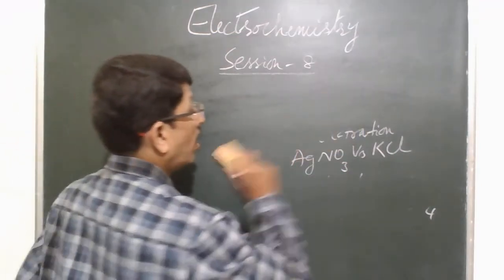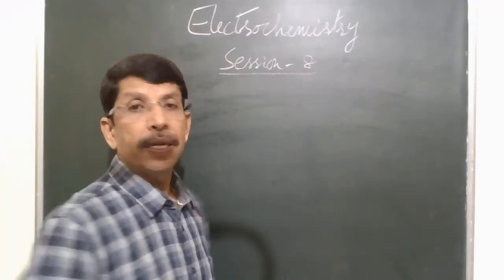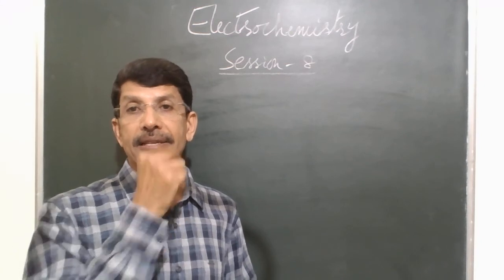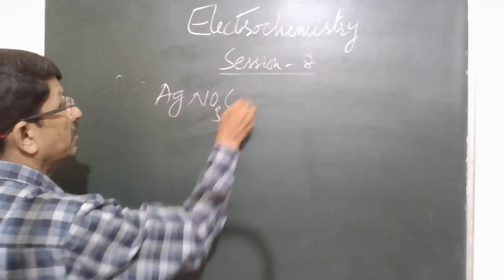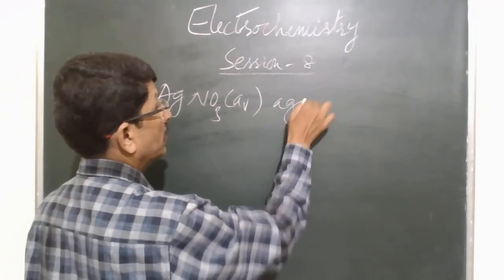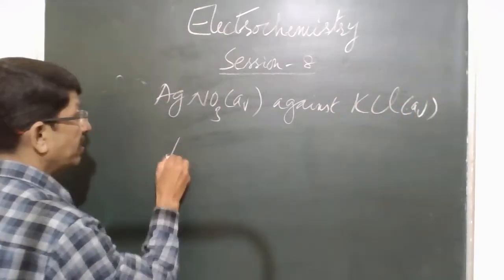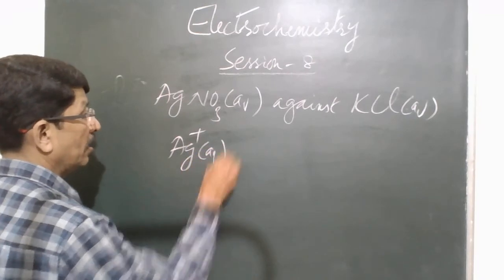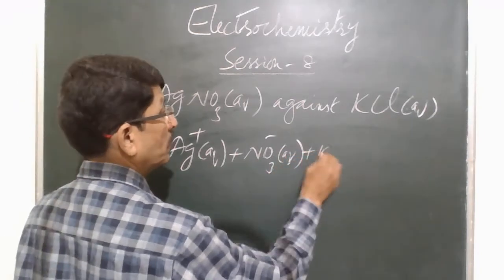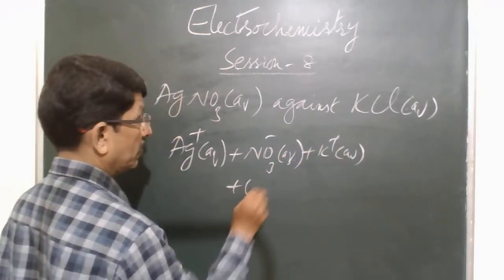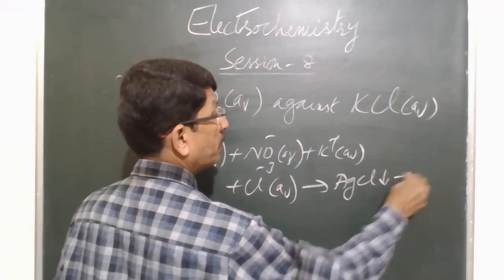So when we want to carry out precipitation titration of silver nitrate against KCl, the reaction is that silver nitrate, being a strong electrolyte, dissociates completely and reacts with potassium chloride, forming silver chloride precipitate.